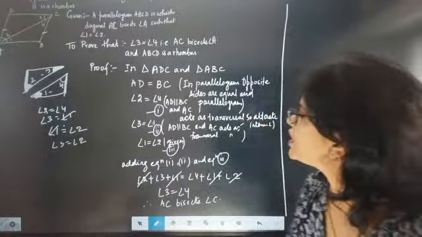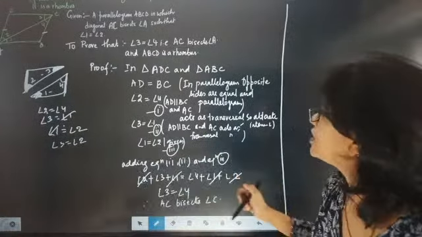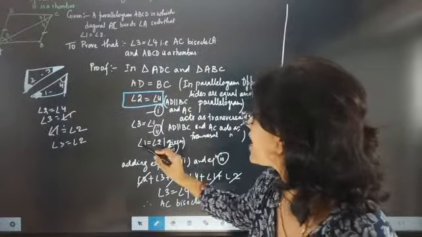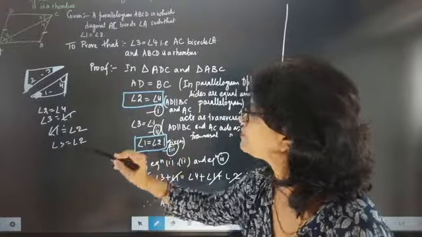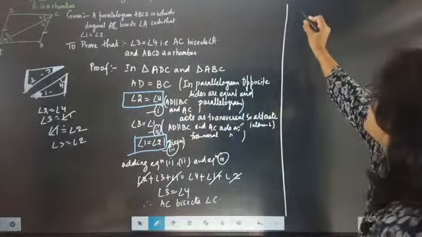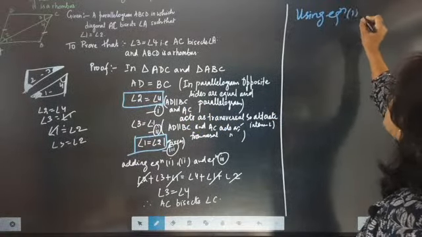See, everyone pay attention. I'm going to take these two parts, that is angle 2 equal to angle 4 and angle 1 equal to angle 2. So I'm just writing, taking equation 1 and equation 3.